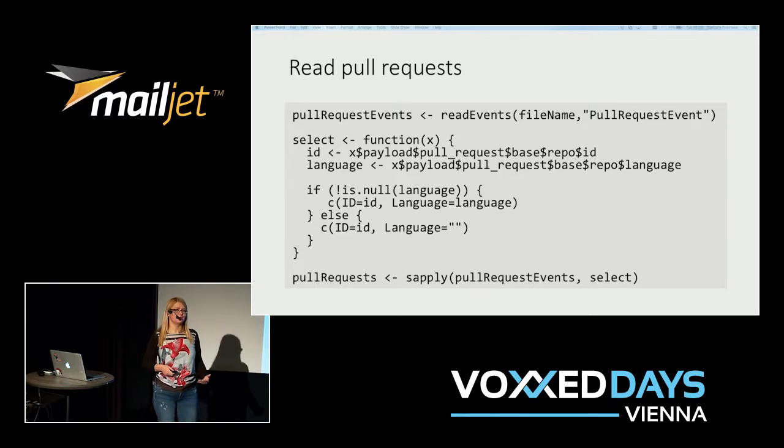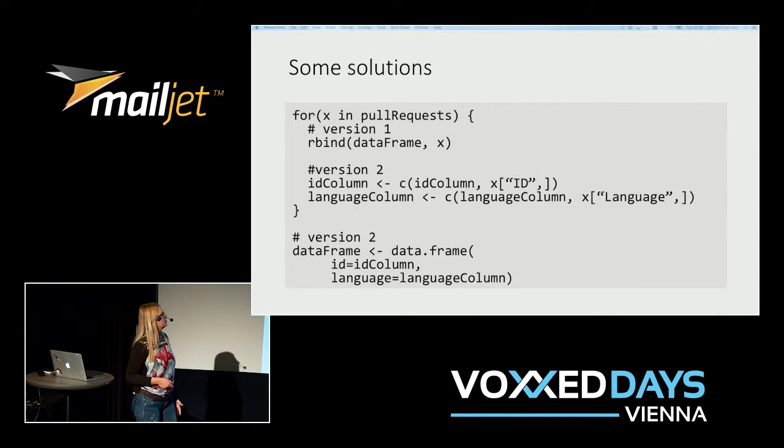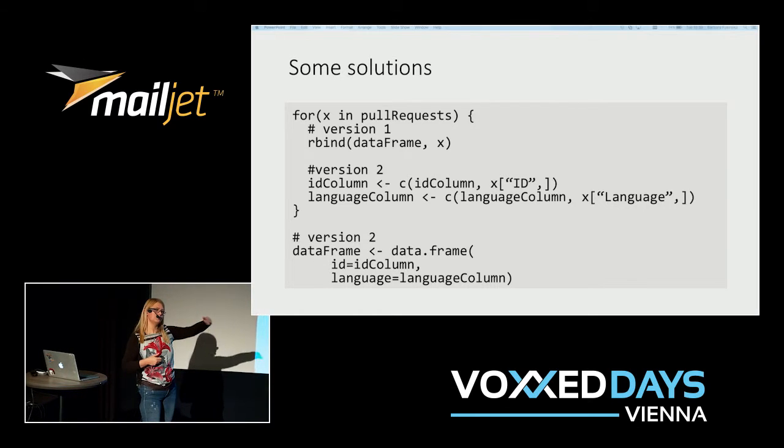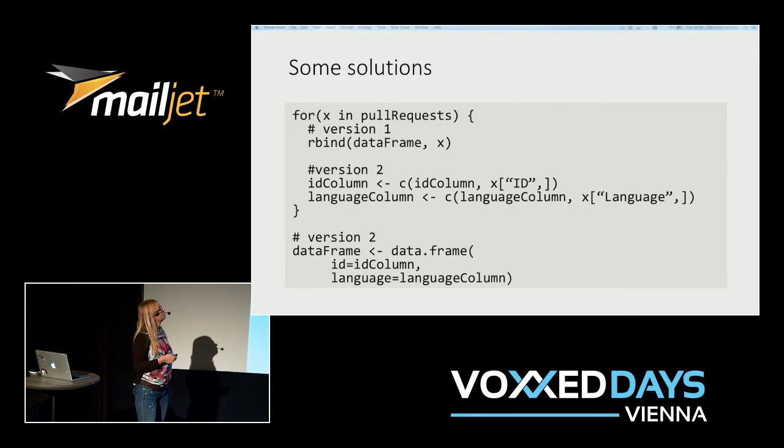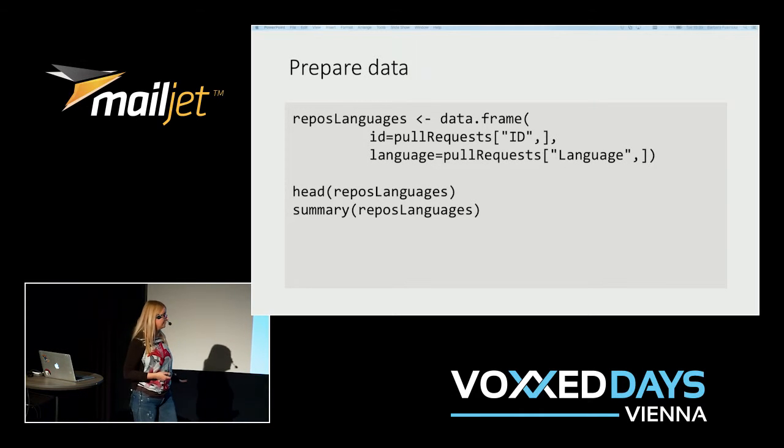What I want to do now is create a data frame. I could just go through those pull requests and rbind, which means bind a row to my data frame, for every element. Or I could create 2 columns and add my ID and language to both of those lists, and then create a data frame. But there is an easier way.